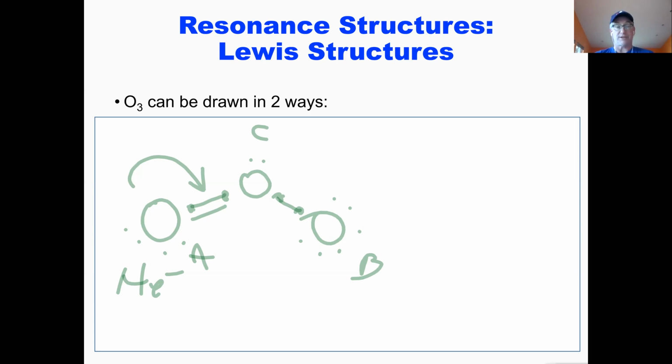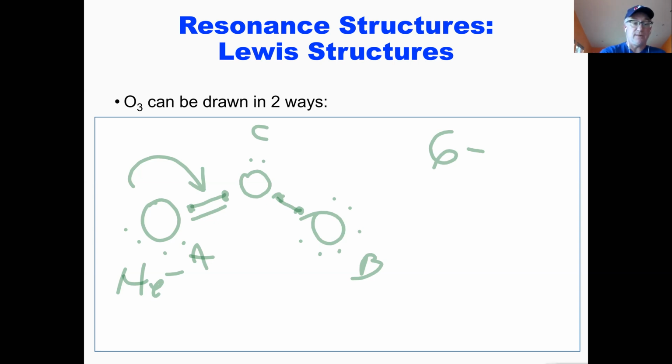Now let's look at the formal charges. Remember, for the formal charge, we just look at the number of valence electrons, not the total. Each one of them should have 6 because they're oxygens. They should have 6, and then we subtract the number of valence electrons they actually have in this model. So oxygen A, how many valence electrons can it claim for itself? 6, right.